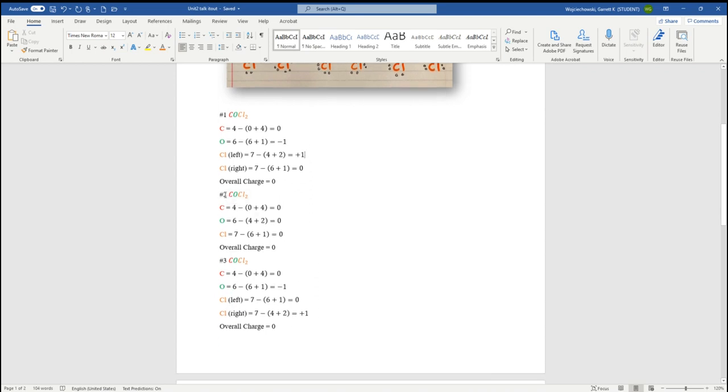And with this second structure here, we see that none of these components have to do any work to be neutrally charged. There's no negative and no positive charges just to get to 0. And with this third structure, it's the same as the first. There's a negative 1 and a positive 1. There's energy involved.